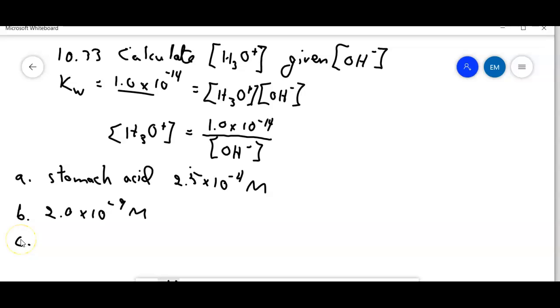C, orange juice at 5.0 times 10 to the minus 11th molar.